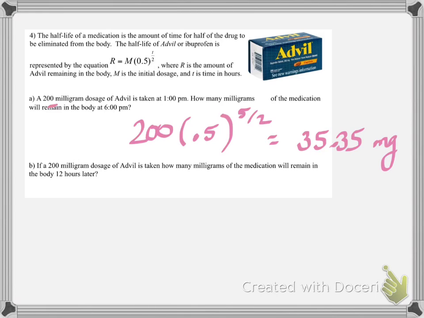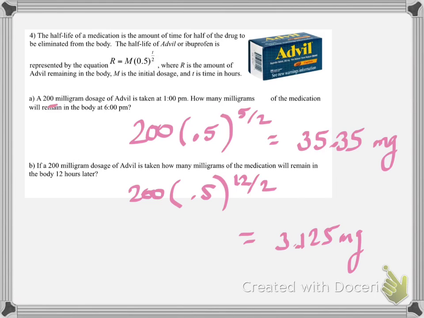This next question is still asking about the same scenario. The only thing that's changed is it says 12 hours later instead of 5 hours later. So you would just change that to 12 over 2. So that would be 3.125 milligrams.